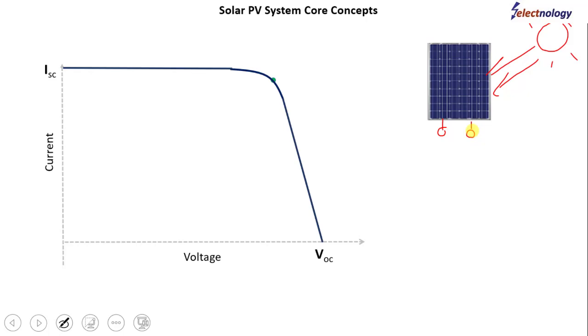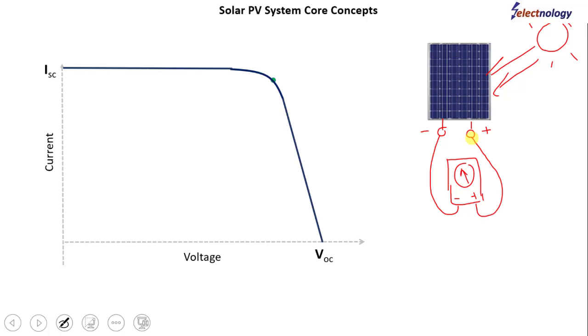Let's for a moment assume that this PV module is not connected to any load. So this positive terminal and this negative terminal, if connected to a voltmeter, let's connect the negative lead to the negative terminal of the PV module and the positive lead to the positive terminal of the PV module.